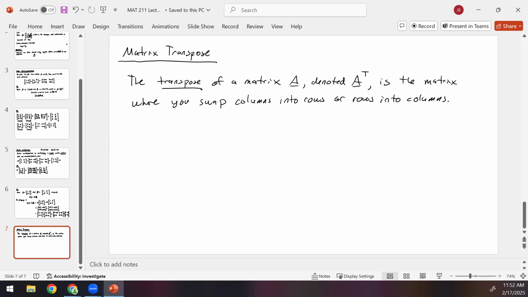Now, there's a much more rigorous and formal way of saying this, but it just becomes a bunch of subscripts and stuff like that, so it's not that big of a deal. But this is better learned by example, honestly. Let A be equal to, and just to really exaggerate it, like that.